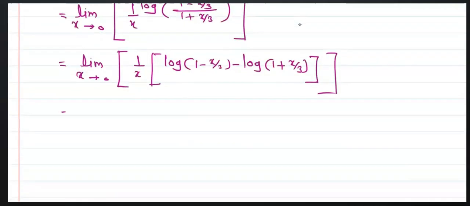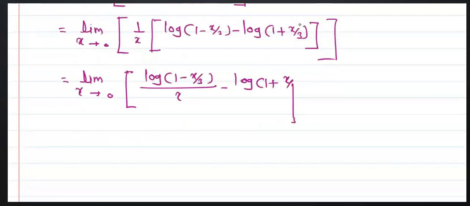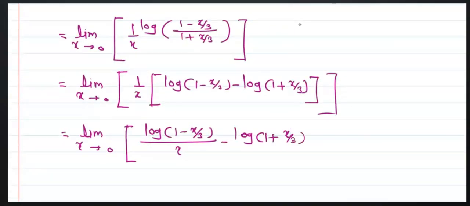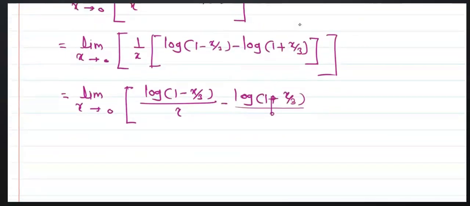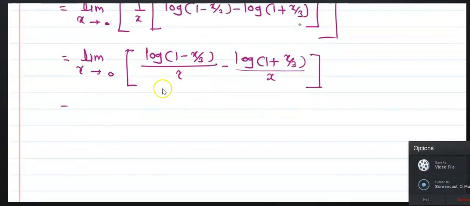Therefore, limit x tends to 0, (log of 1 minus x upon 3 upon x minus log of 1 plus x upon 3) whole divided by x, bracket complete. Now adjust numerator and denominator, that is minus x upon 3 and for this x upon 3.